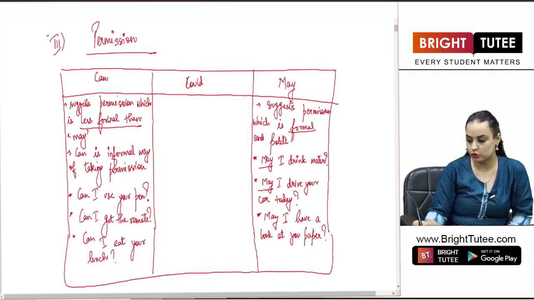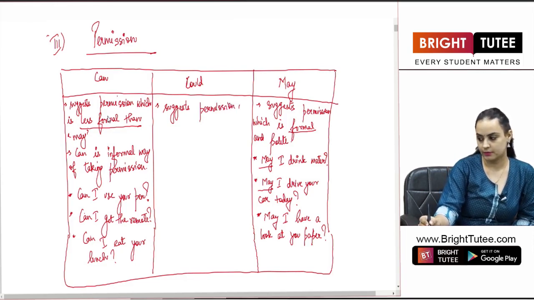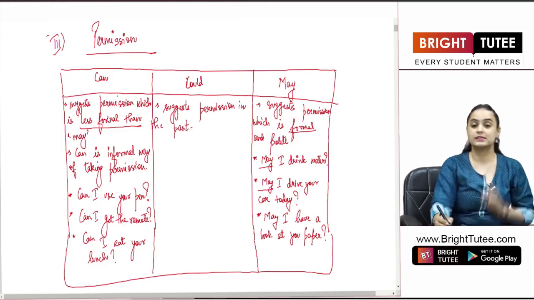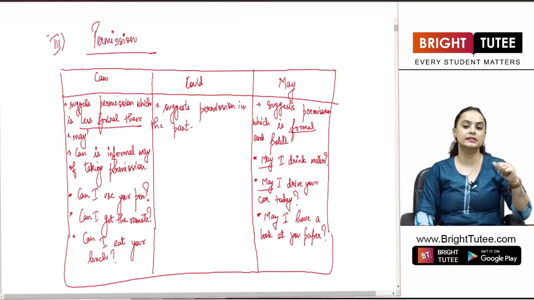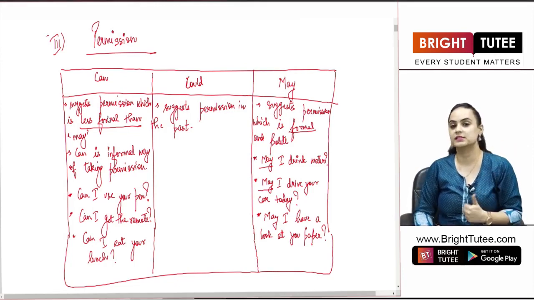Let us move on to could now. Now could suggests permission again, since we are talking about permission here. So it suggests permission in the past. So something that was done earlier, a permission for something that was done earlier.